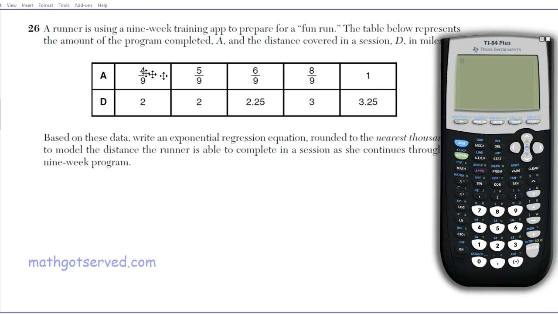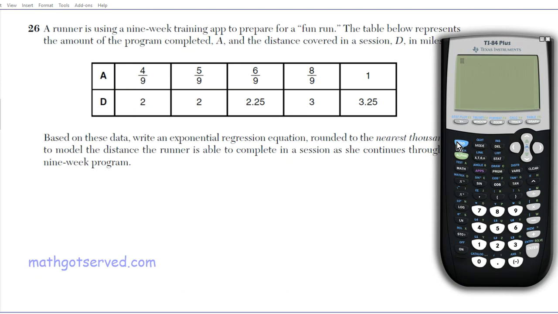Alright, so we're going to start off by entering row A into the first list and row D into the second list, and then we'll calculate what the exponential regression function is using the information that we entered. Okay, so we're going to be accessing the list feature in the TI-84.